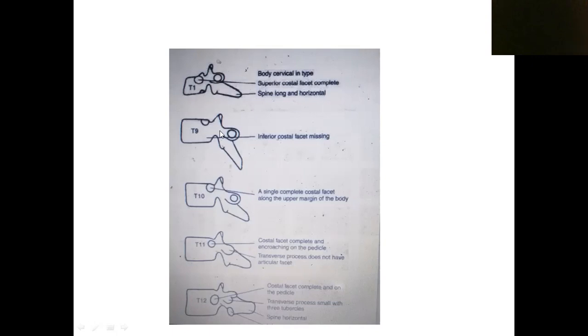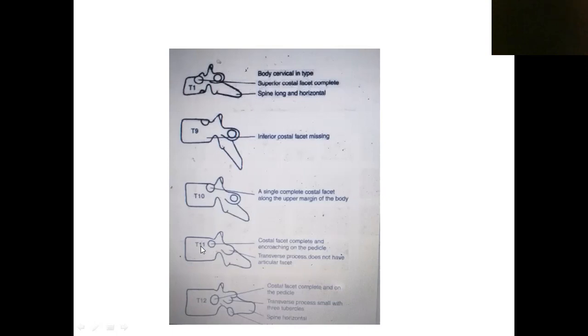Now, the ninth one. Here it has a superior demi articular facet. The inferior articular facet is absent. Moving to the 10th one, the superior articular facet is almost a complete one, and the inferior one is absent.